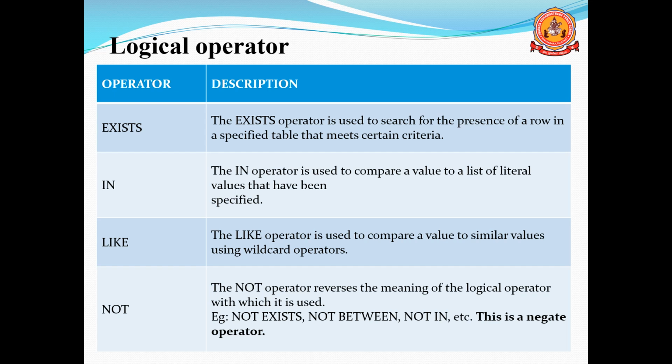The next one is like. The like operator is used to compare a value to similar values using the wildcard operators. Wildcard operators mainly means the hash or the modulus symbols. For example, when you check names, you check whether a particular letter is there in that name or not.